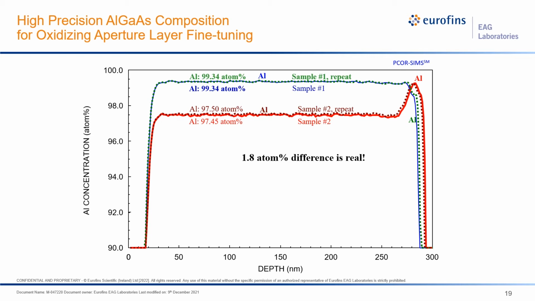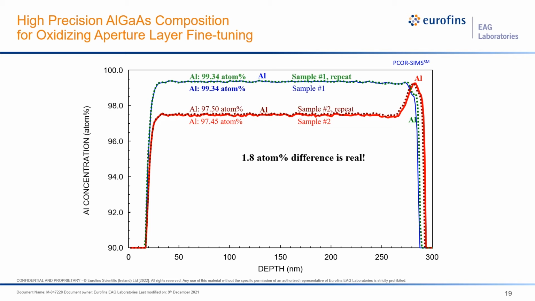And if it becomes an important issue in any structure, it could be a pHEMT structure, it could be an HBT structure, it could be a VCSEL structure, SIMS is a very reliable method of measuring aluminum concentrations in AlGaAs materials. That doesn't necessarily mean all compounds can be measured with this precision or accuracy with SIMS. It's just that you need to do the proper study to see if it is possible or not.